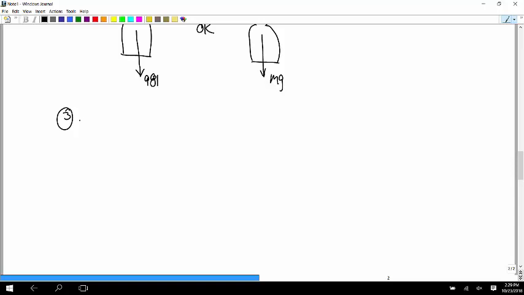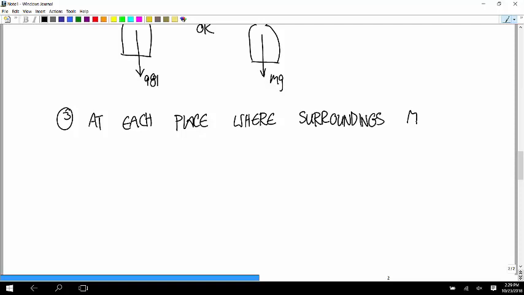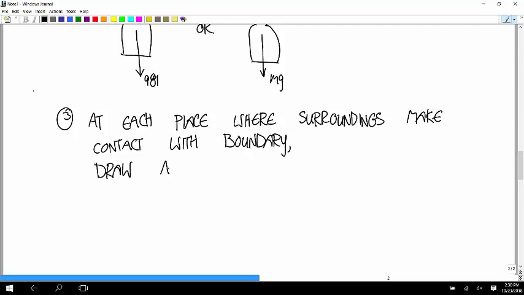So the third and last step is, at each place where the surroundings make contact with the boundary, draw an arrow in the direction of that contact force.